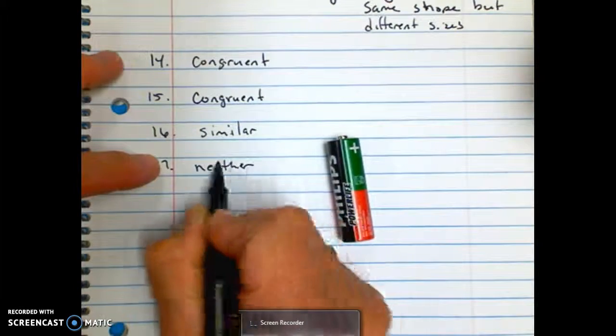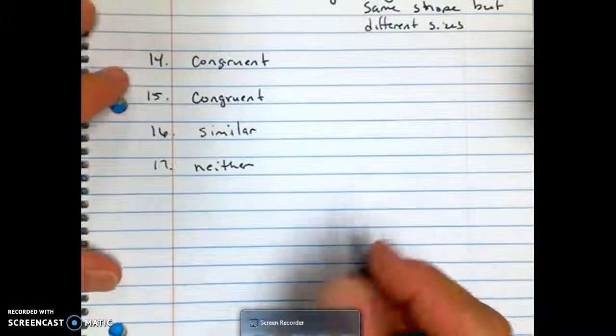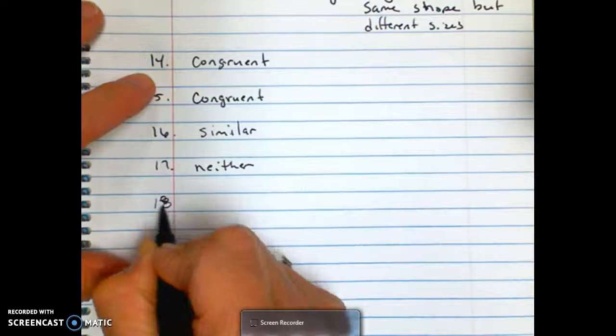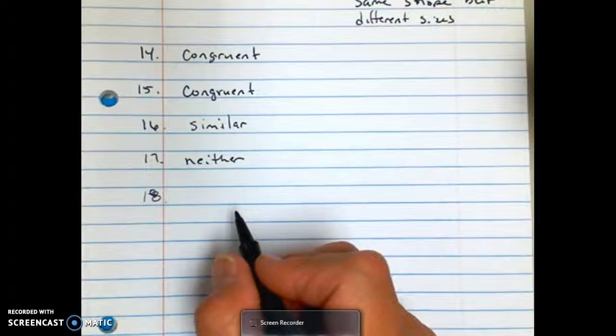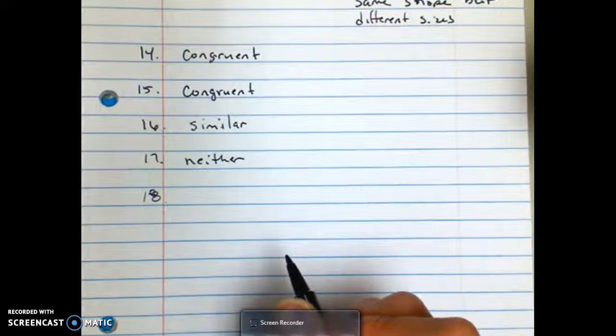Number 18, we're drawing any triangle, and then we want to draw a triangle with the same measures but different side lengths. We want to know, are they similar, congruent, or neither? You can make it however you want to.